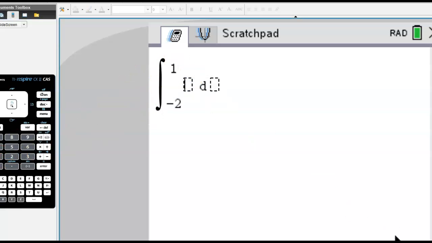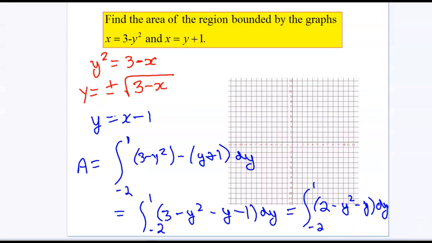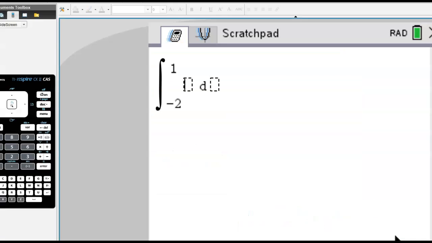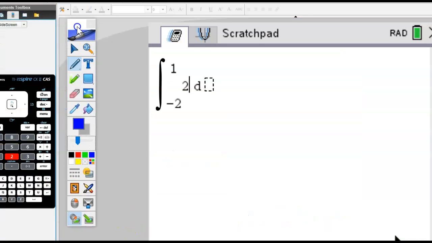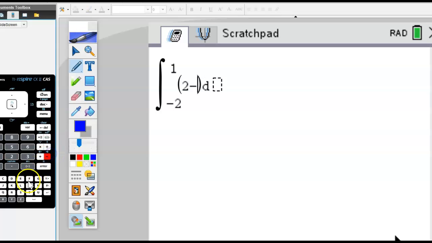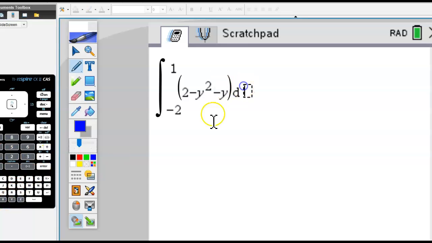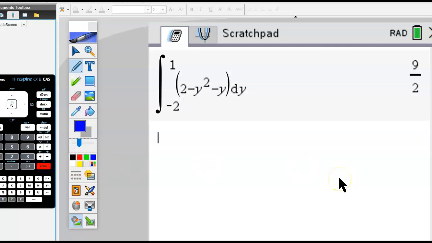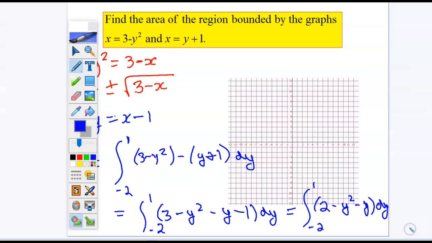And now my integrand is 2 minus y squared minus y, and I'm integrating with respect to y, and I get 9/2 as my final answer.